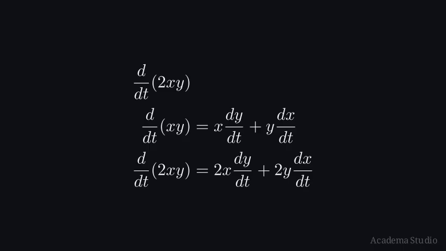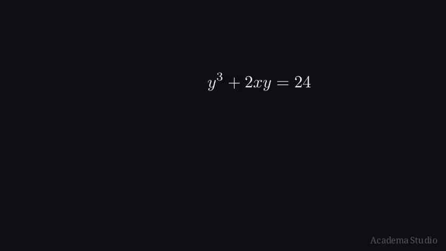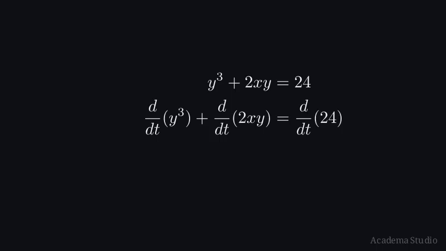The term xy is a product of two changing quantities, so we use the product rule. The derivative of 2xy is 2x dy divided by dt plus 2y dx divided by dt. The derivative of the constant 20 minus 4 is 0. Group the like terms. The derivative with respect to t of y cubed plus the derivative with respect to t of 2xy equals the derivative with respect to t of 24.